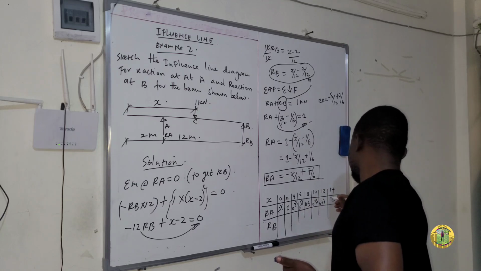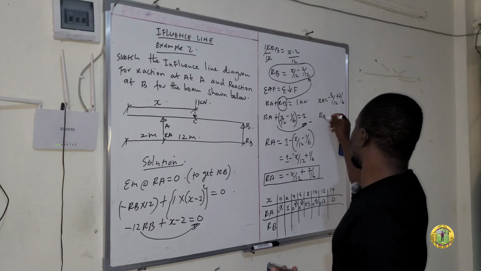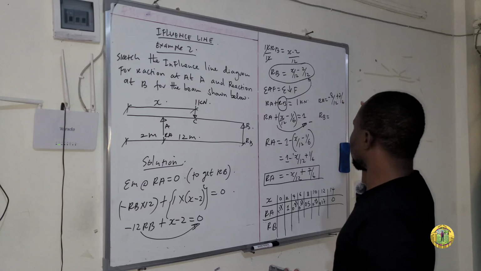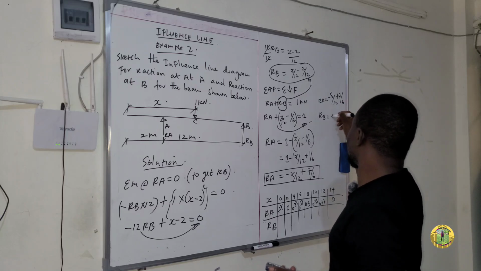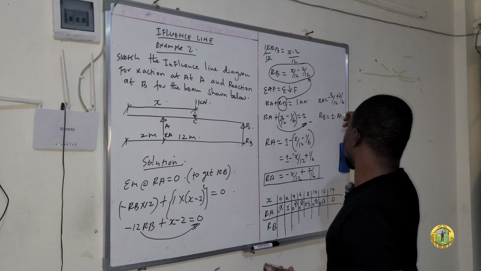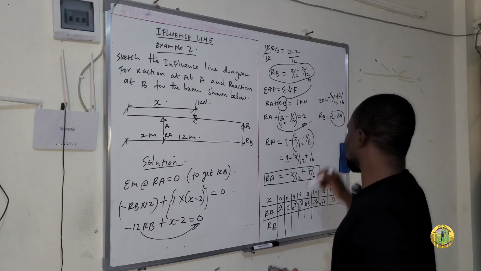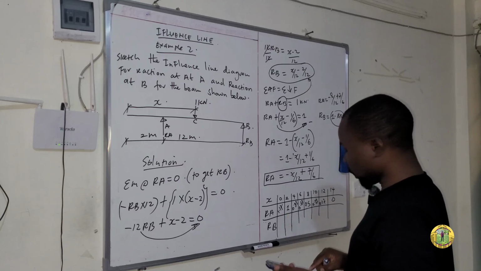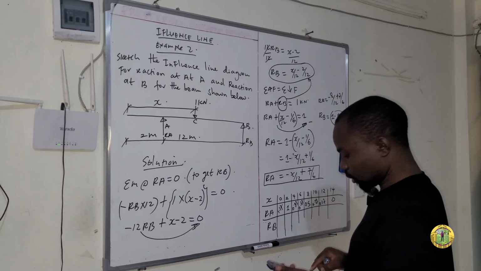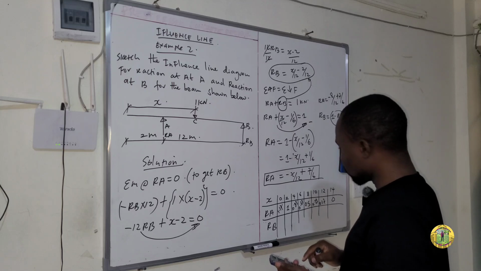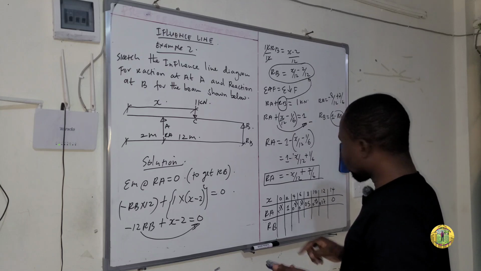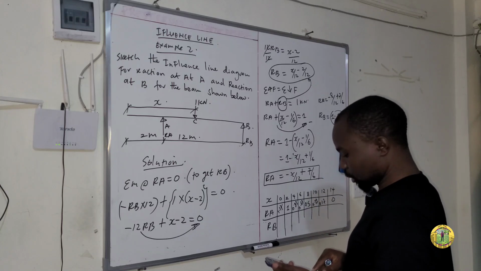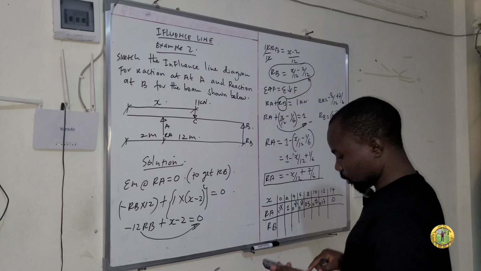So to get RB, you'll take 1 minus RA. As simple as that. So for 0, you'll take 1 minus 1.17.